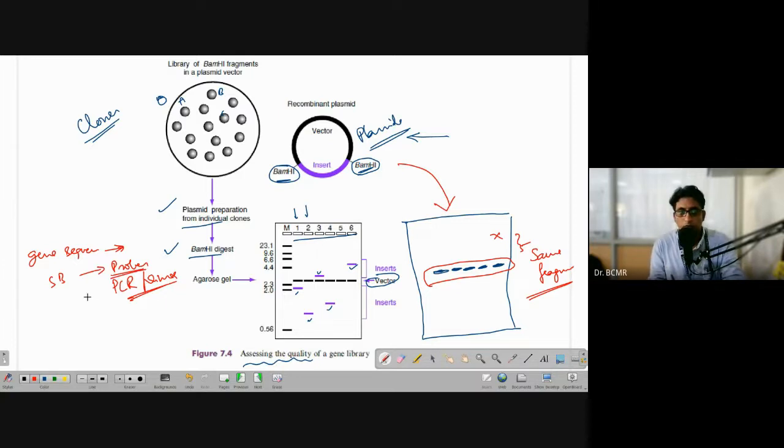We can also use PCR primers that are specific to the region of our interest, and then we can probably figure that out. But that's not always possible.